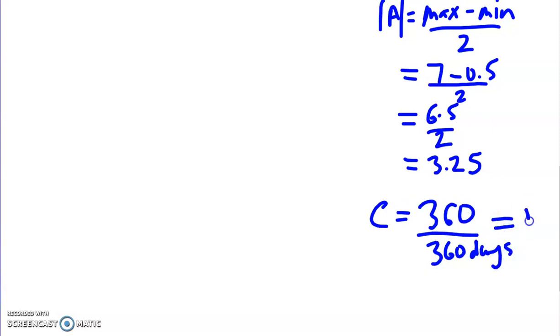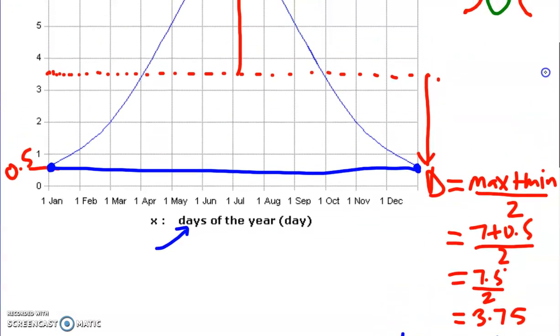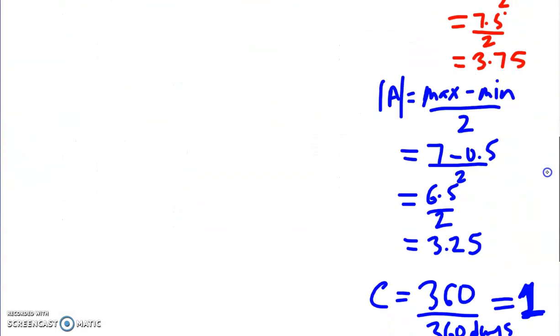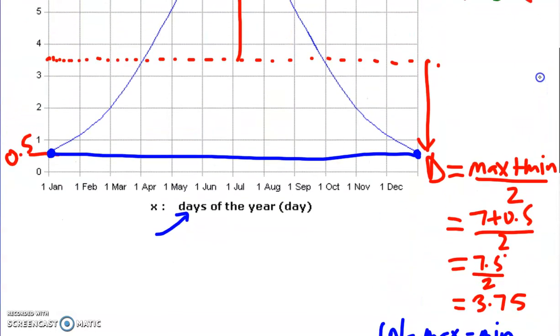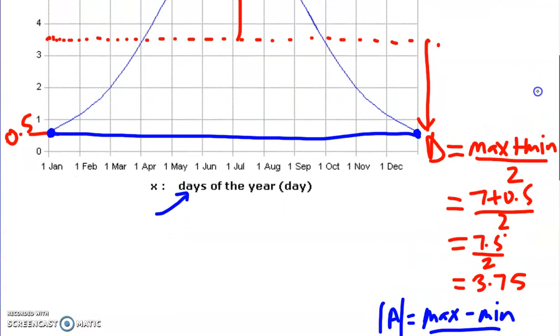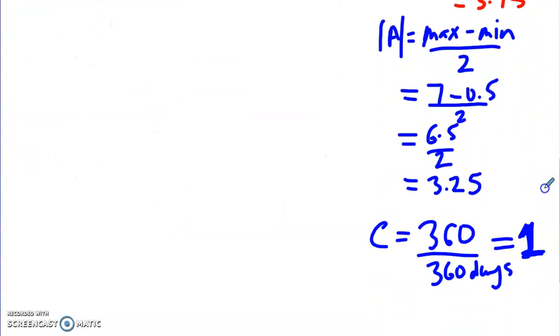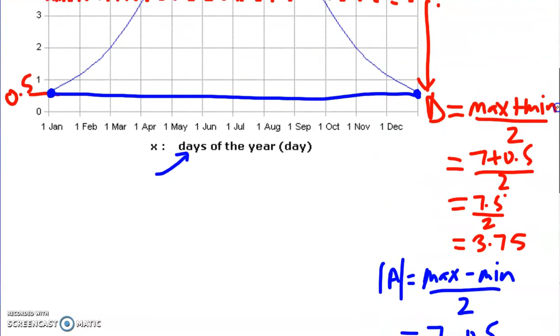And this is just 1 here. Okay, so now we've got a C value of 1. Oh, I'm sorry, that's not the C value. This is a B value. Okay, so we got a B value of 1.